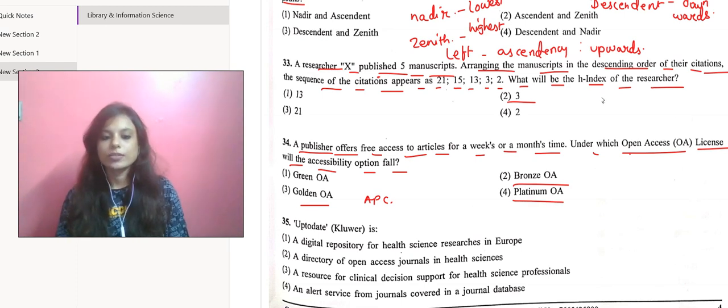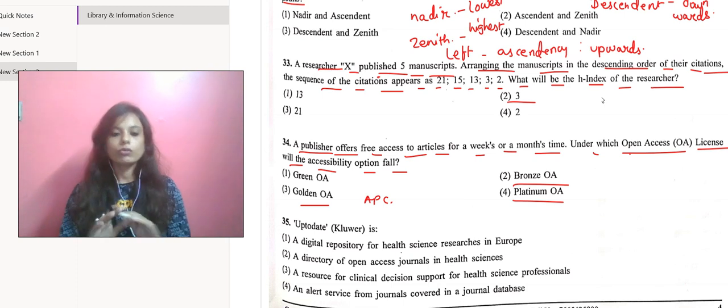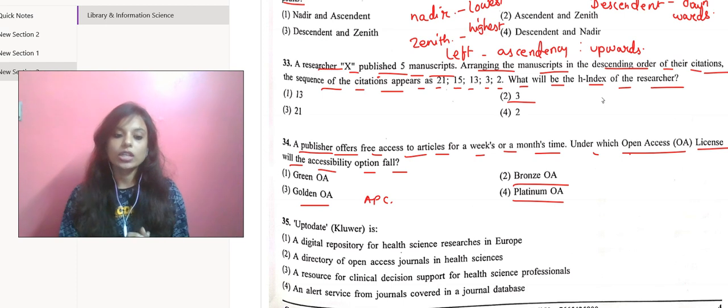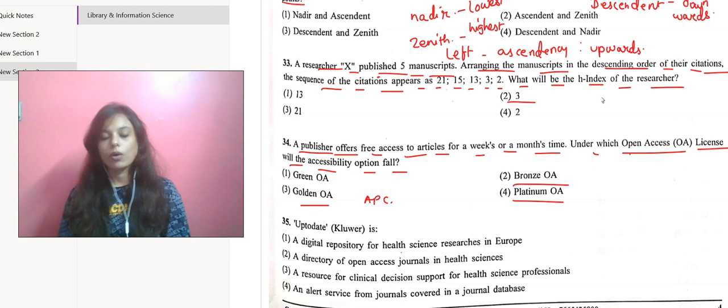Platinum, also known as sponsored or diamond open access journals, allow immediate access to the content of the journal without the payment of a subscription fee or license. Authors pay no article publication charge and all the costs of publishing the journal are met by one or more sponsoring organizations.